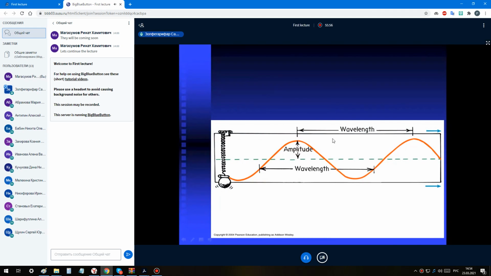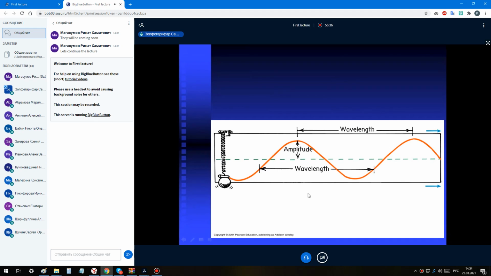The next slide shows the spring motion with a weight, and the curve of the spring motion.